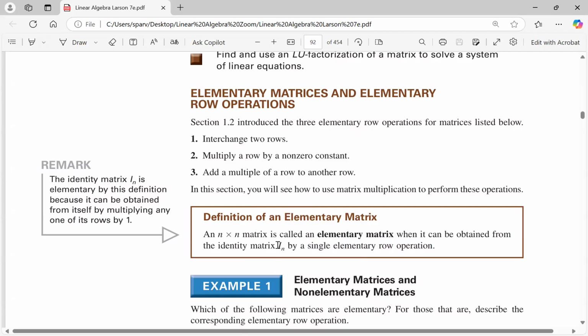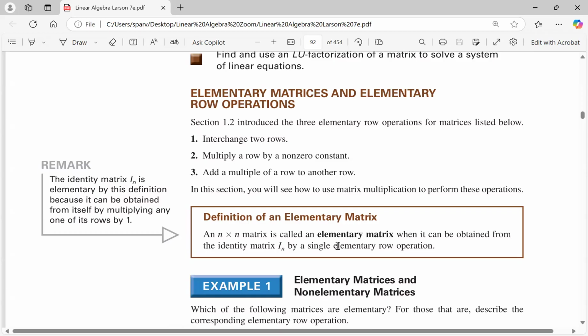So if I have an I sub 3, that means I have a 3 by 3 identity matrix. And you get a new matrix called an elementary matrix when you perform a single elementary row operation on the identity matrix. A single operation, okay? Not 2, not 3, just a single operation.